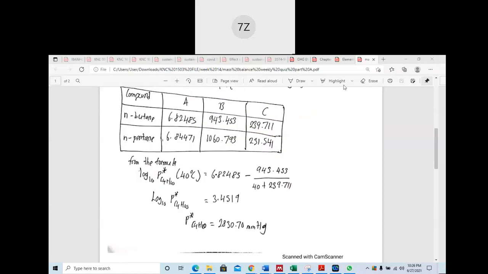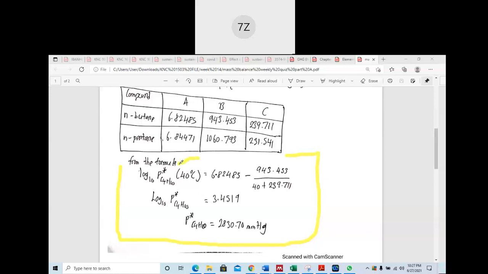So this is my calculation using the Antoine equation constant. This is how the formula calculation looks like. Based on the question, the temperature of the cooling fluid limits the condenser temperature at 40 degrees.